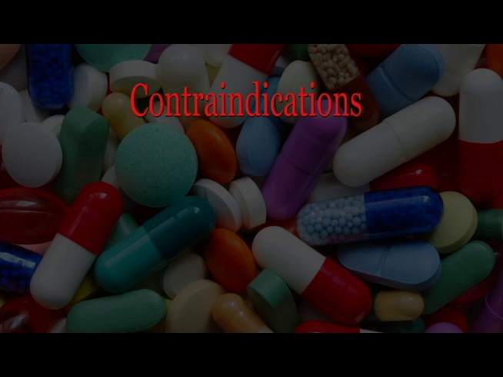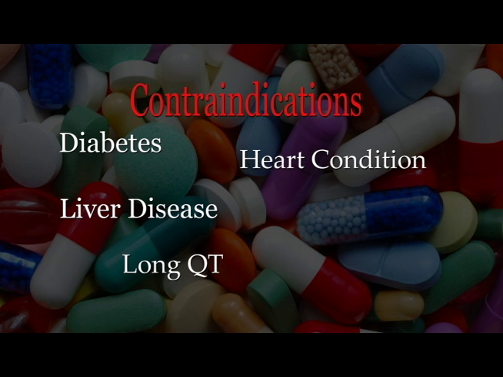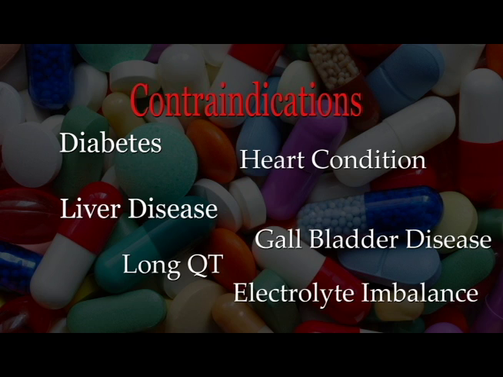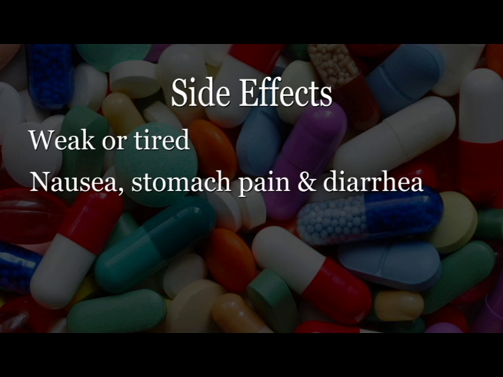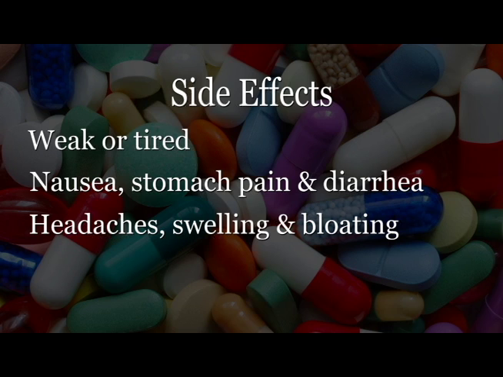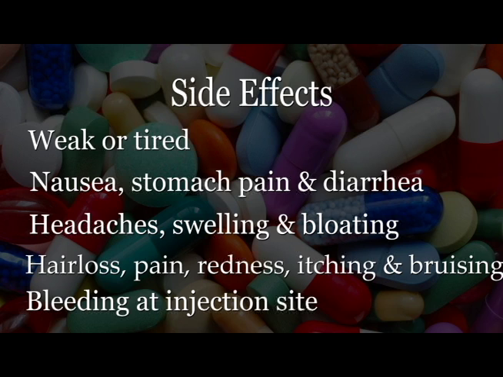It is contraindicated by diabetes, liver disease, a heart rhythm disorder, personal or family history of long QT syndrome, gallbladder disease, or a history of electrolyte imbalance, such as low levels of potassium. The side effects include feeling weak or tired, nausea, stomach pain, diarrhea, headaches, swelling, bloated feeling, cold symptoms such as a stuffy nose, sneezing or sore throat, hair loss, or pain, redness, itching, bruising, or bleeding where the medication was injected.